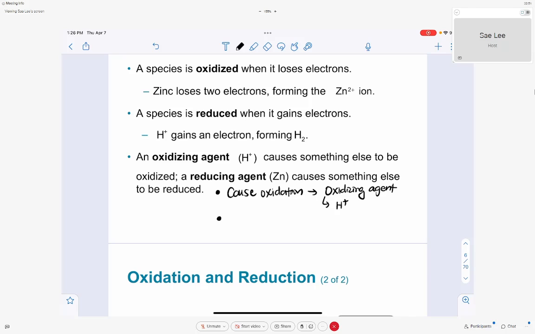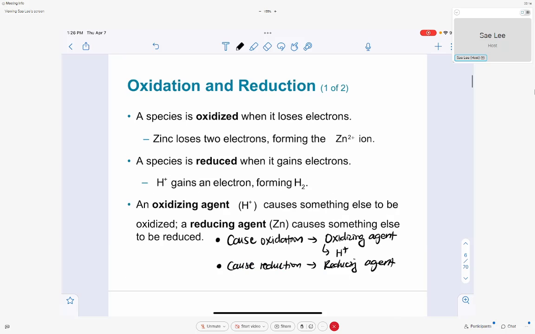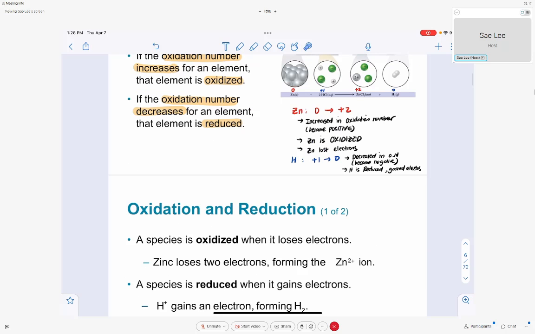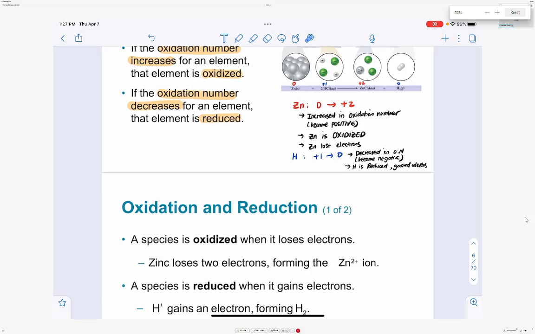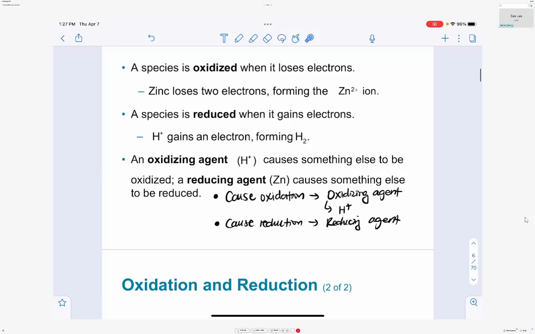Anything that causes reduction to occur, we call it a reducing agent. In the previous example, which one caused the reduction? The zinc caused hydrogen to become reduced. So therefore zinc is the reducing agent.